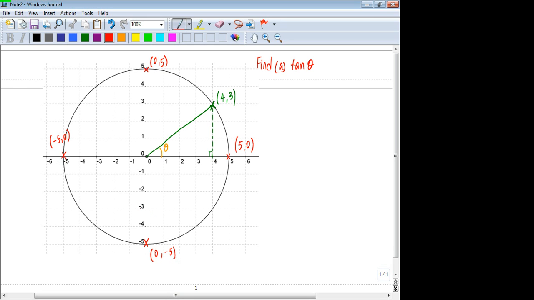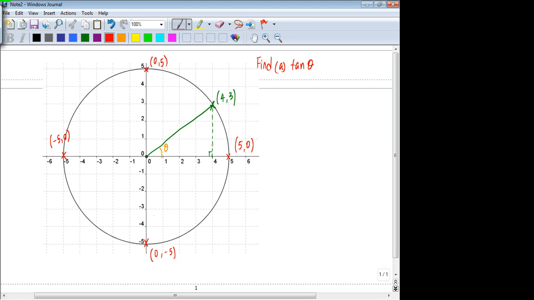Tangent theta, do you know how to do it? Okay, wait. Sophia, what do you say? Shift tangent, no? Okay, Afiq, can you tell us why you say it is 3/4?